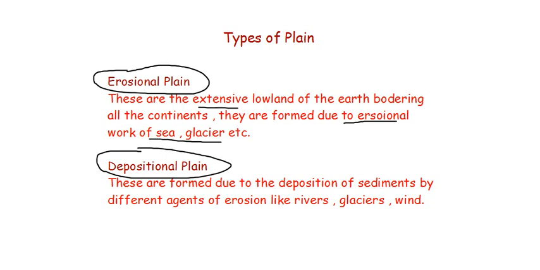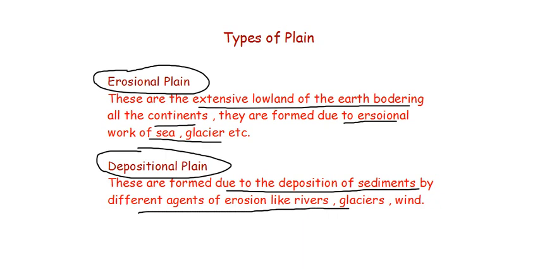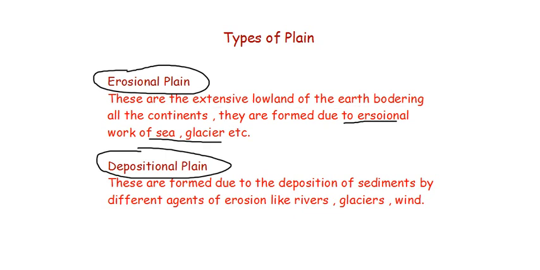They are extensive lowland of the earth bordering all the continents. On the other hand, when the plains are formed due to deposition of sediments by different agents of erosion like rivers, glaciers, wind, it is called depositional plains. So these are the two broad groups in which we classify the plains.